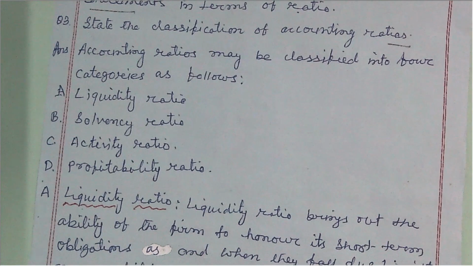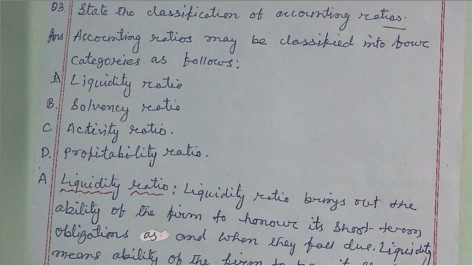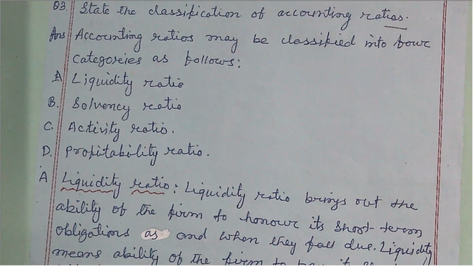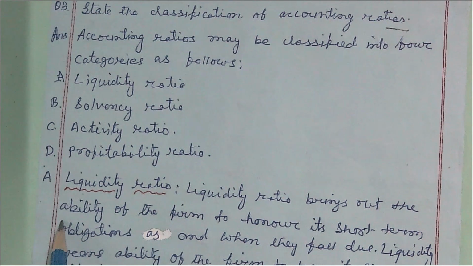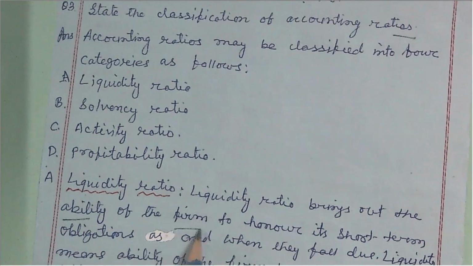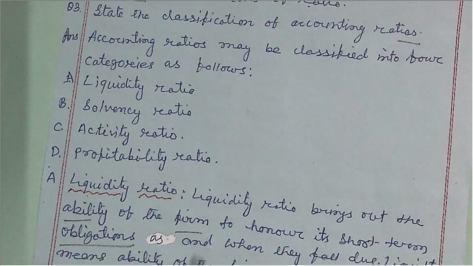Then liquidity ratio, you have to know. If the question is asked, what is liquidity ratio, then you can write one sentence, depending on marks. If it is 1 mark, you can write: liquidity ratio brings out the ability of the firm to honor its short term obligations as and when they fall due.